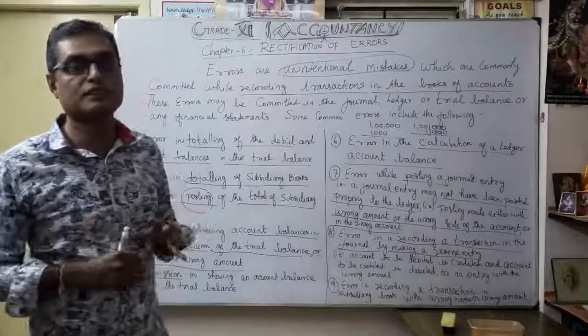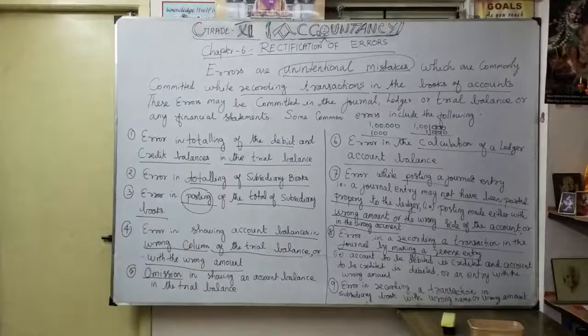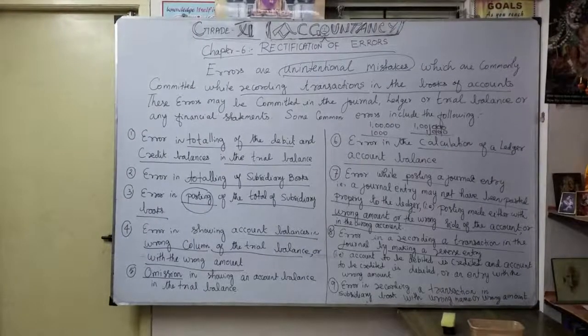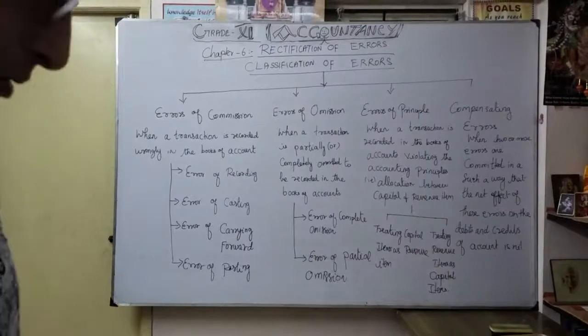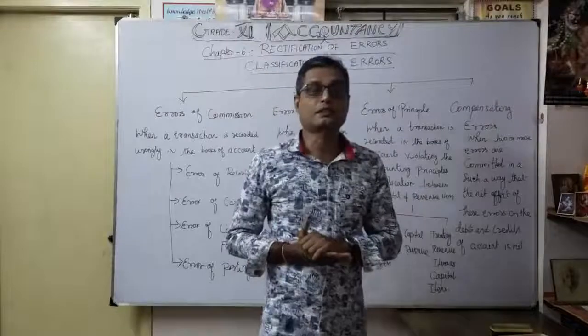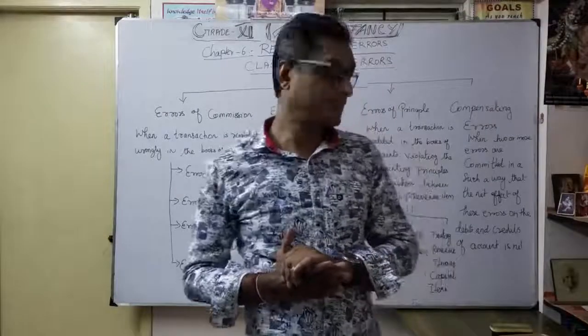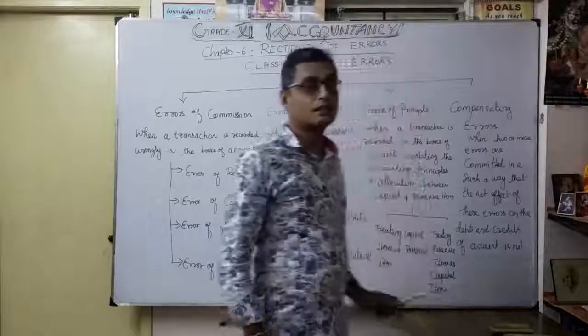Now we are going to discuss the classification of errors. Let's see the classification of errors under rectification of errors. What classifications of errors are available? Here there are 4 types.